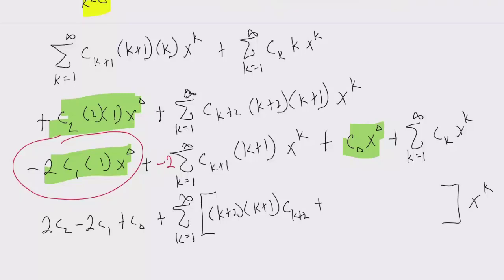All right, so that said, looking at my k plus 1 terms, I have k plus 1 times k, and then I have minus 2 times k plus 1 on that. So if I put all of that together, that should be k minus 2, k plus 1, c to the k plus 1.